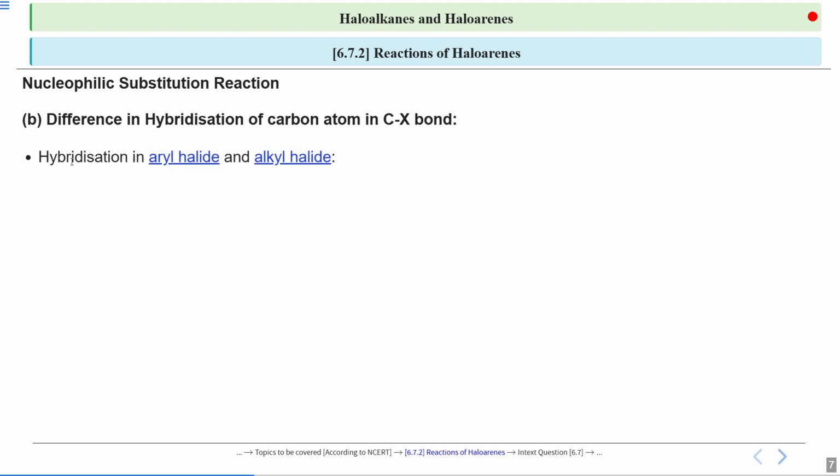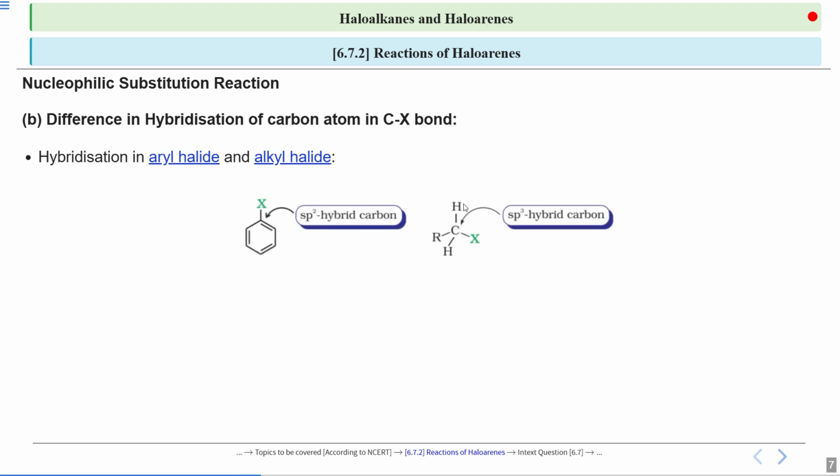You can see in this diagram, we have this aryl halide, halogen connecting with the benzene ring. The carbon here is an sp2 hybrid carbon. Meanwhile, in the alkyl halide, the carbon at which the halogen is present has sp3 hybridization. So this is an sp3 hybrid carbon.